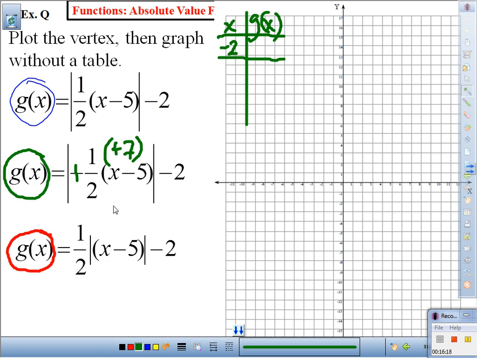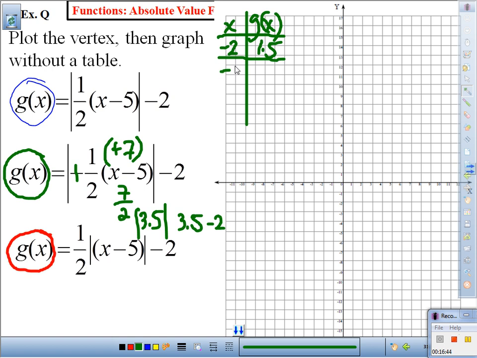Positive. 7 times 1/2 is 7/2, or 3.5, in the absolute value. The absolute value of 3.5 is 3.5, and at the end we subtract 2, so that leaves us with 1.5. Did everybody see all the process?